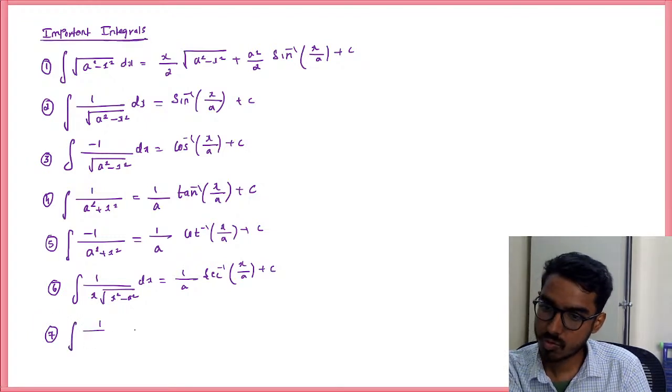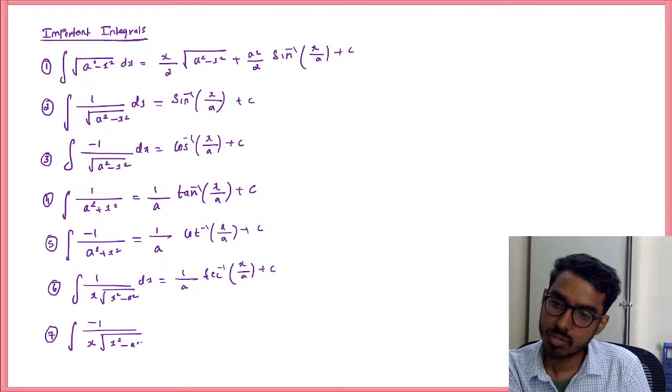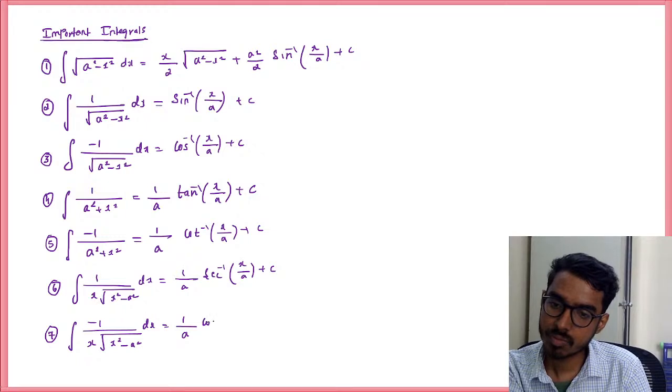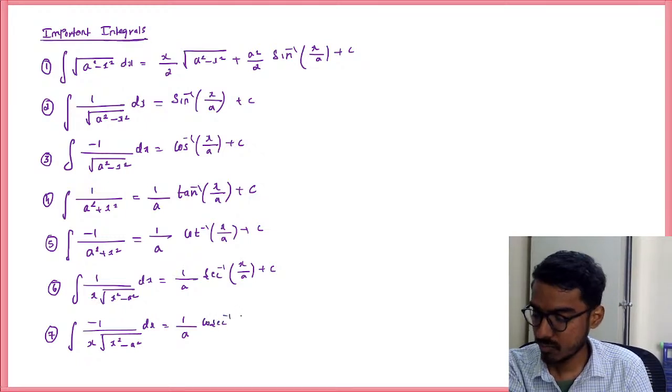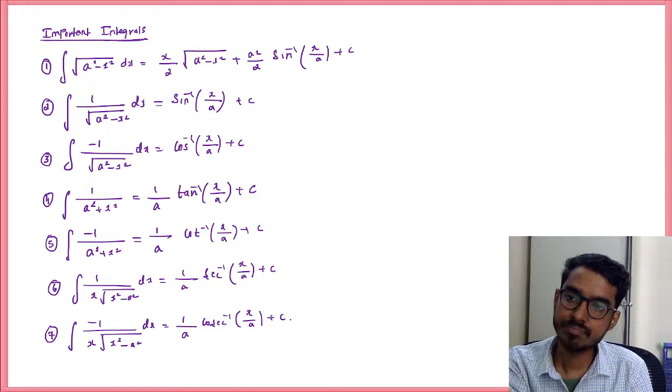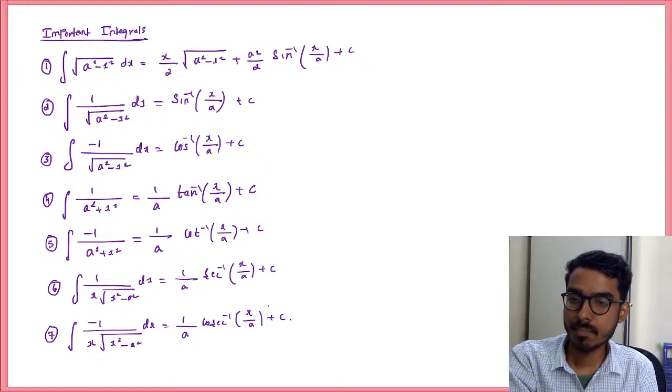Integration of minus 1 divided by x into root of x square minus a square dx will be 1 by a cosecant inverse of x by a plus c.